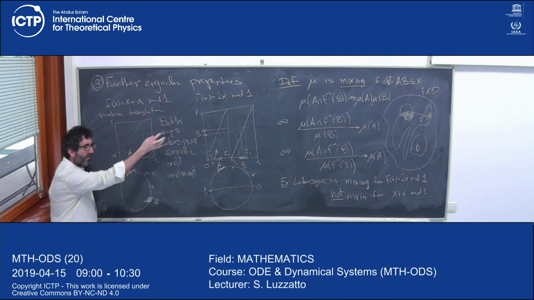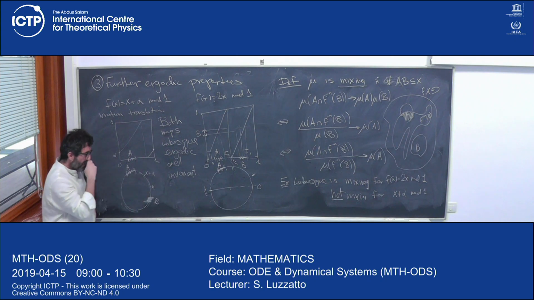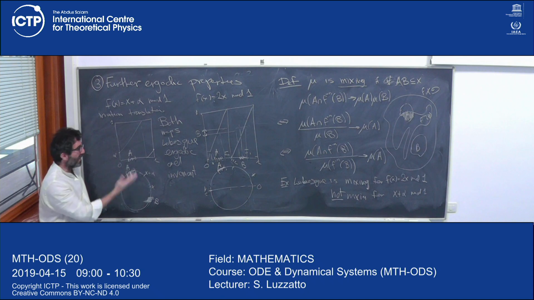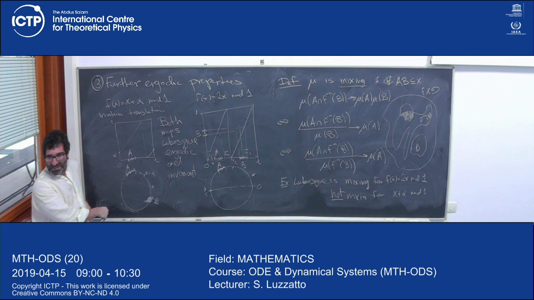Okay, in both cases you have Lebesgue ergodic and invariant maps, but here, since I know that I come back more or less every 20 iterations, and I want to know where I was 1,000 iterations ago, I can calculate more or less exactly where I was. Whereas in that case, I'm much more spread out.